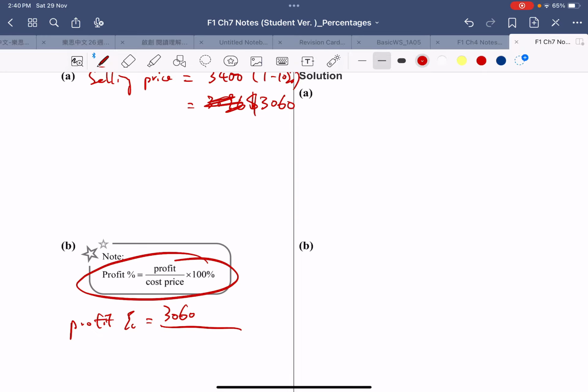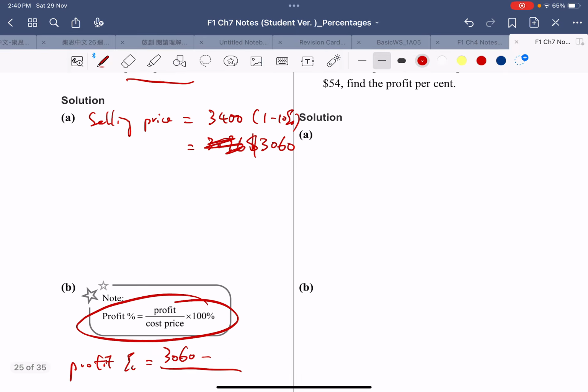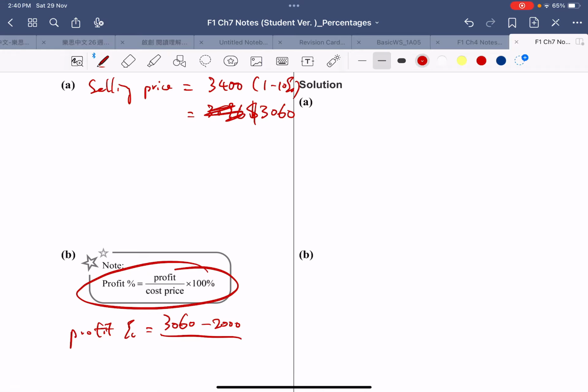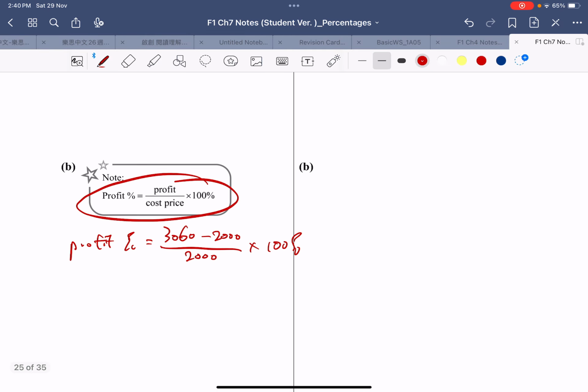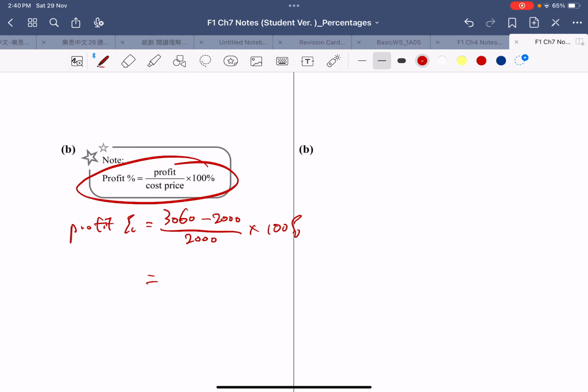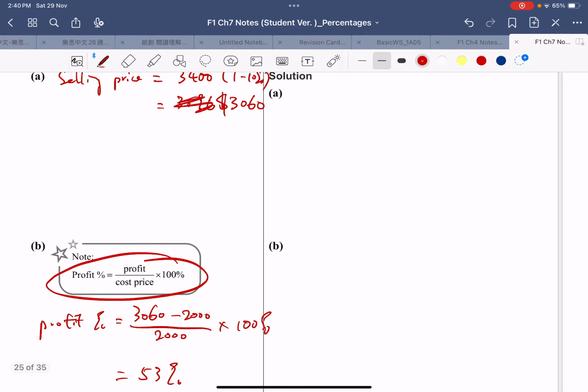You sell at this price, and the cost is 2,000 only. Okay, so using this formula, and then calculate it to be this percentage. One step thing.